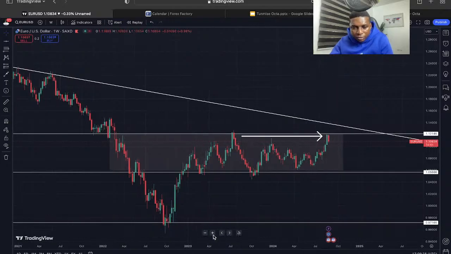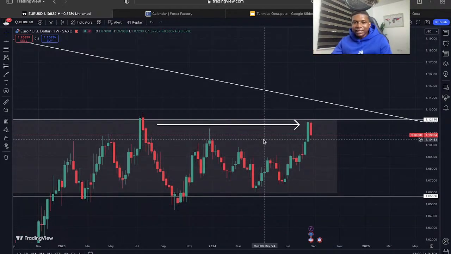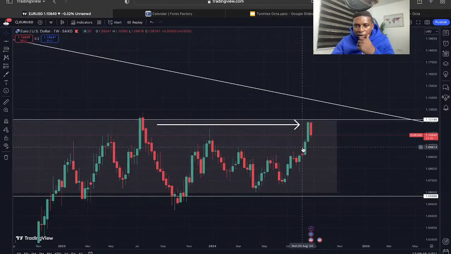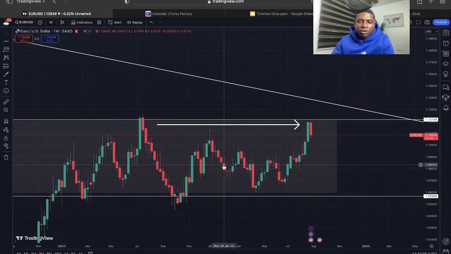Let me zoom in. So what we are looking at here is how many candles before this green candle that got to this all-time high at 1.12. How many candles? So we do 1, 2, 3, up to 34.